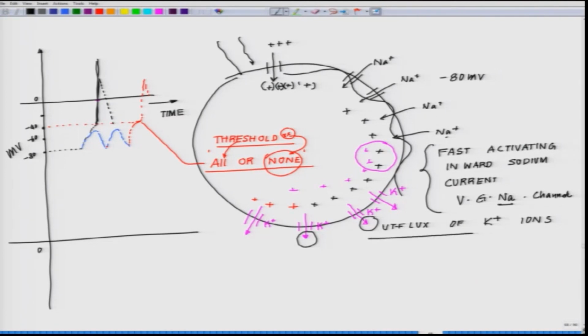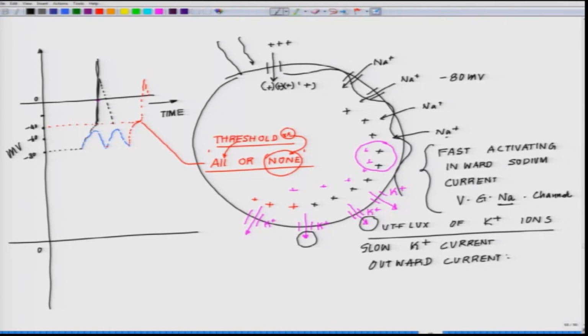Okay. This outflux of potassium ions is called slow potassium current. It is an outward current. Why is it called current? Because of the flux of ions.